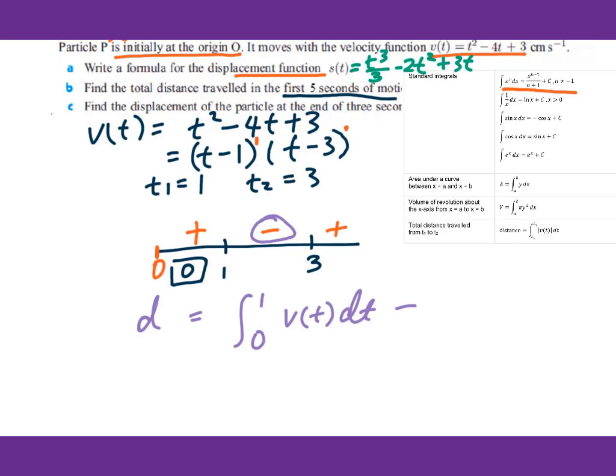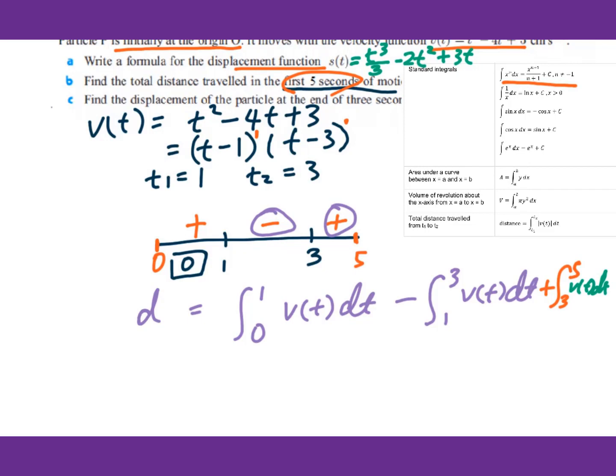That's the reason you have to do minus from 1 to 3 the integral of velocity dt. This is a positive. That's why we do from 3 to 5, because they ask you the first 5 seconds. Then you do velocity dt.